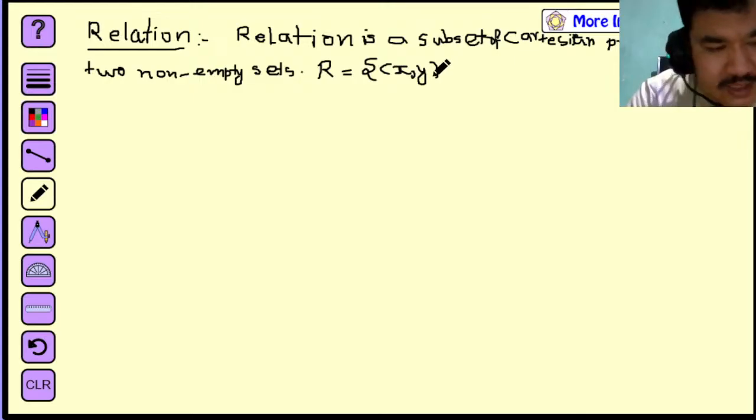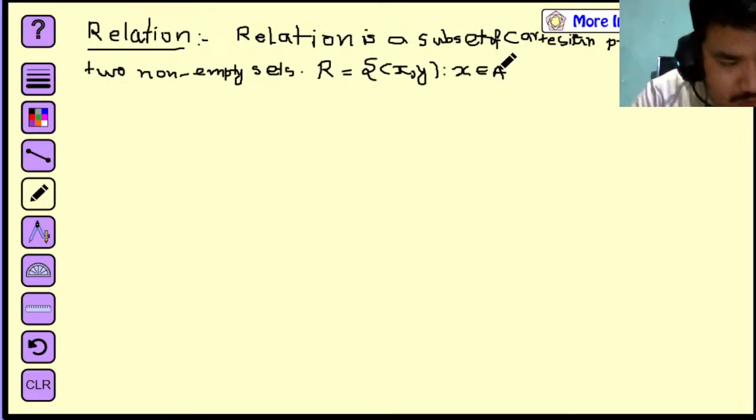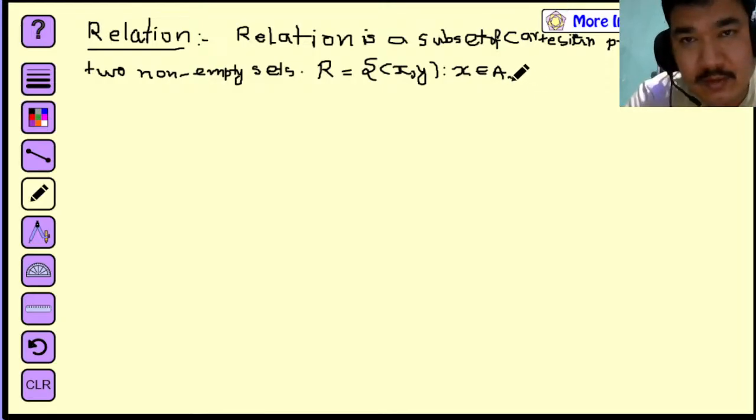This set is the set of ordered pairs in which, in every ordered pair, the first component x should belong to set A, and you can write here comma, this y belongs to set B.